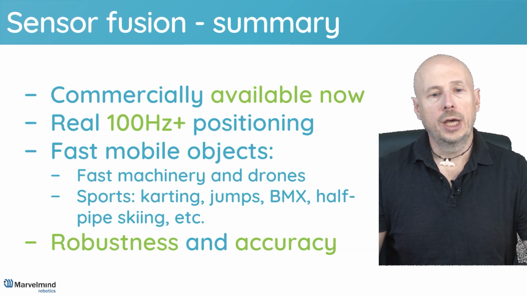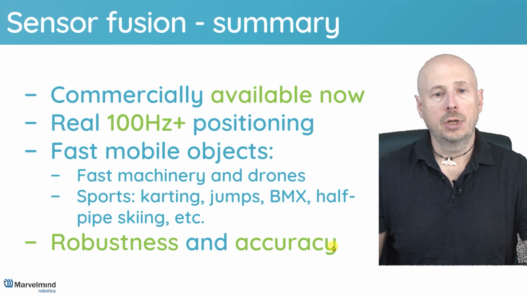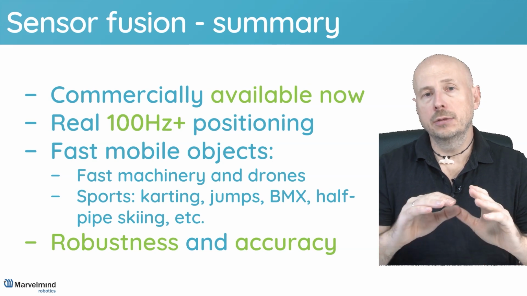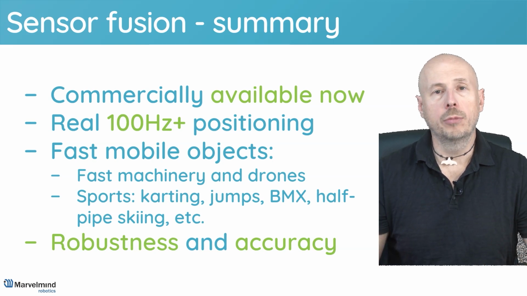It gives you, at the same time, more robustness and more accuracy. And it's used for fast machinery, for quick sports, for very quick drones, for example. I'm sure you have many more applications which we are not aware of. And by the way, this project has been driven mostly by karting cases.